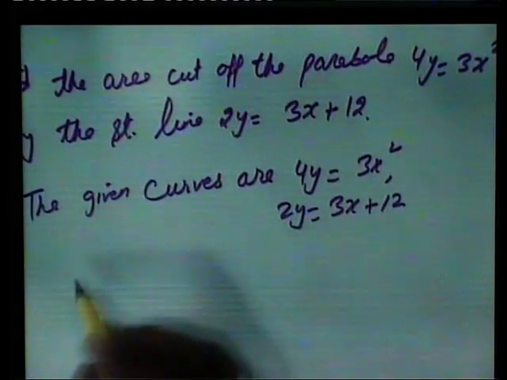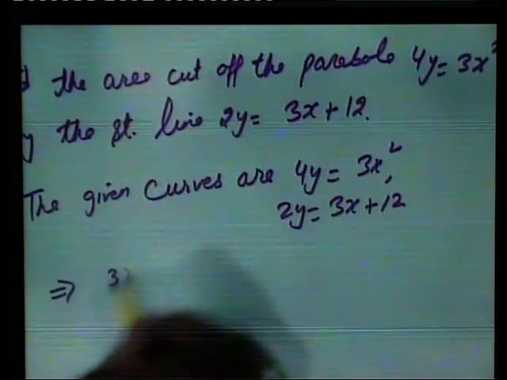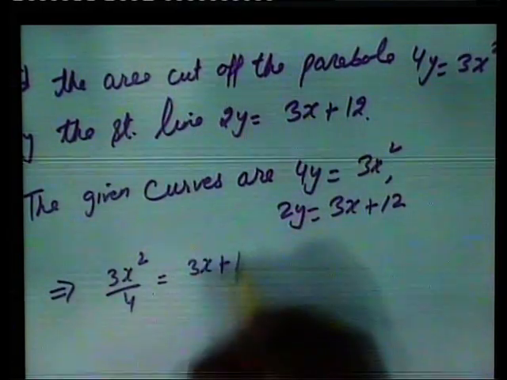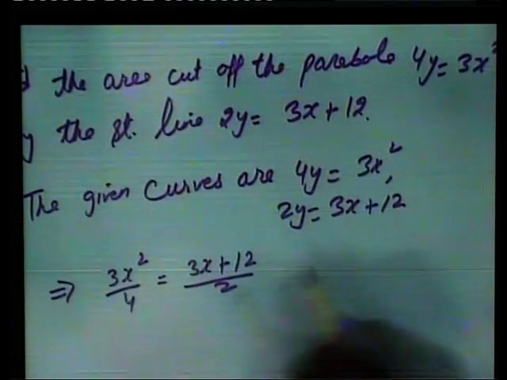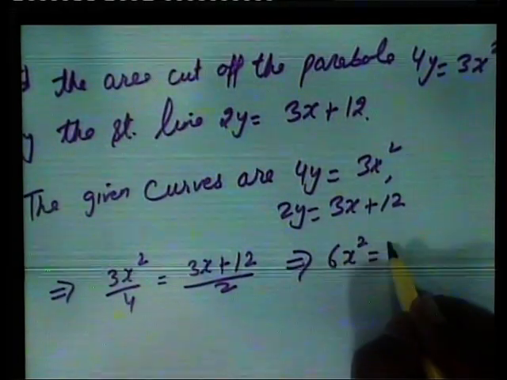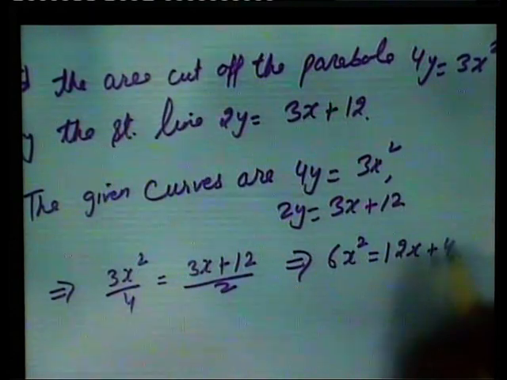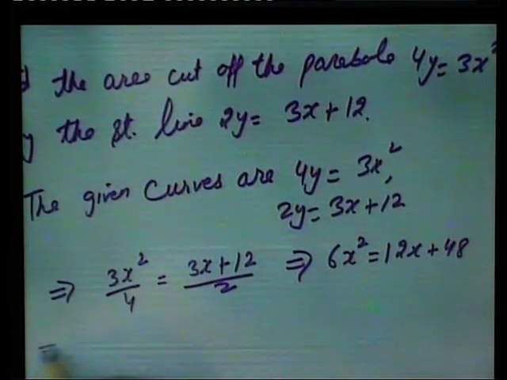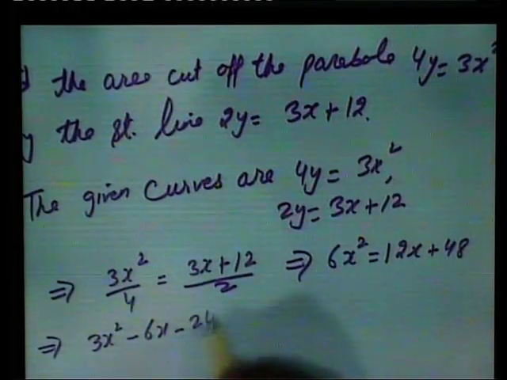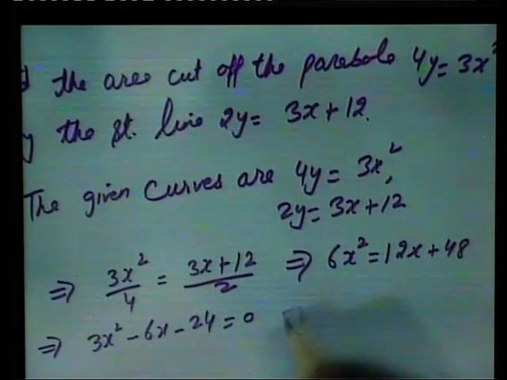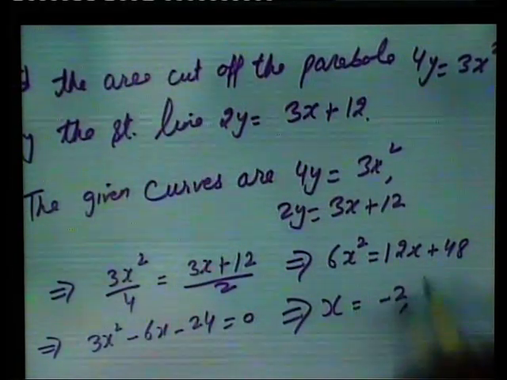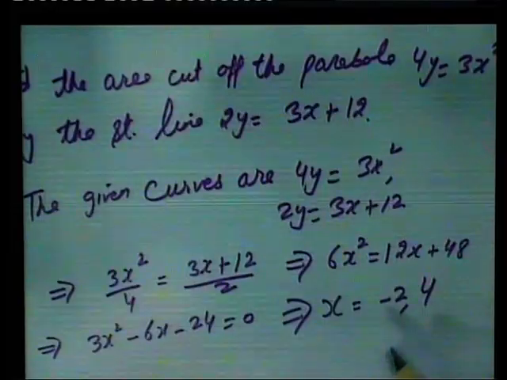Solving these two equations, we get 3x square by 4 is equal to 3x plus 12 upon 2. This implies 6x square is equal to 12x plus 48. This implies 3x square minus 6x minus 24 is equal to 0. After solving, we get x is equal to minus 2 and 4.